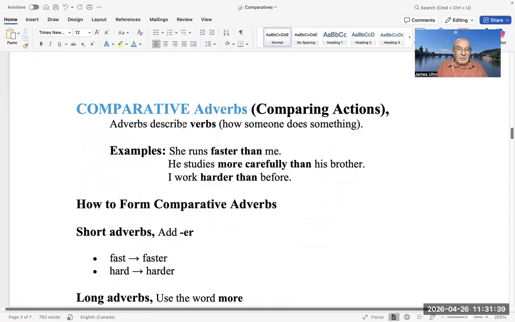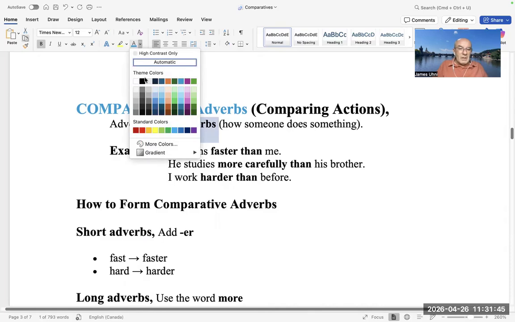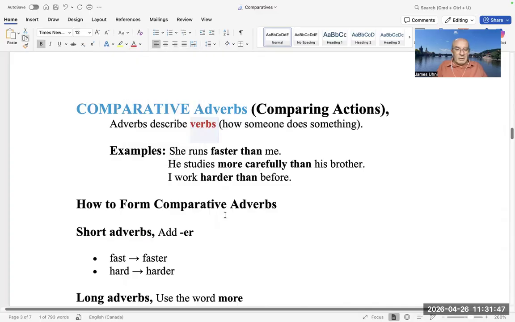If I make verbs red, just for understanding, then we have runs. She is not, she runs. He studies more carefully than his brother.